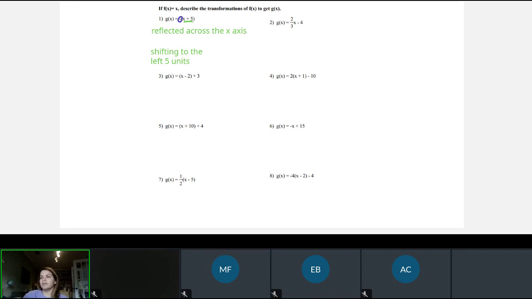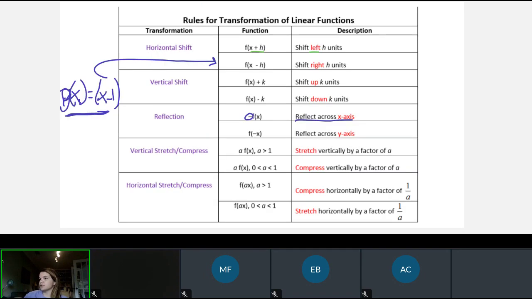And let's work on number 2. Again, we're going to take it one step at a time. First thing I notice is this 2/3. Okay, so let's go back to our rules. For our slope, if a is between 0 and 1, that is going to be a compression or a shrink.